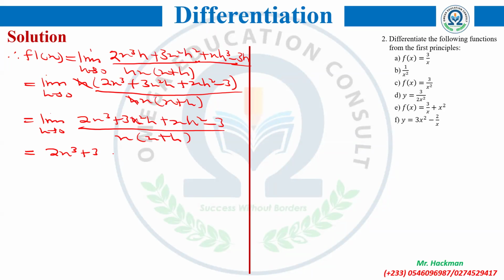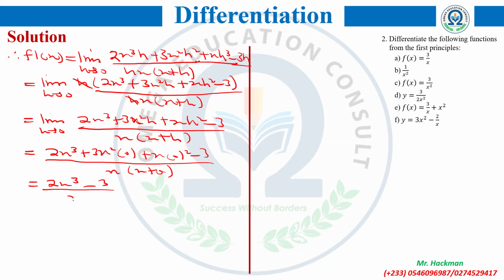So I'm going to get x squared into 0, then plus what? x into 0 squared, then minus 3, all over your x into x plus 0. You are substituting 0 for h. So you get 2x cubed minus 3 all over x squared. Do you agree? Hello, do you agree?